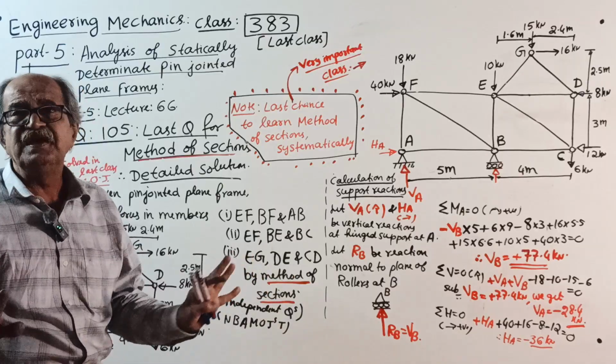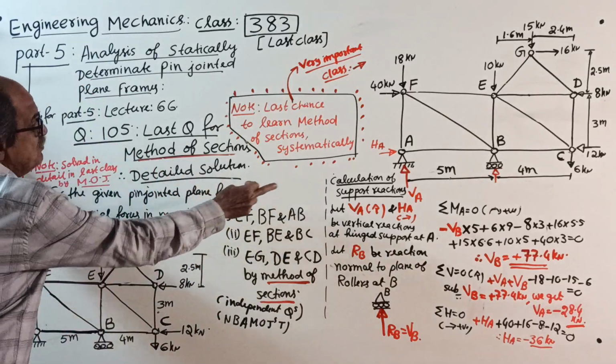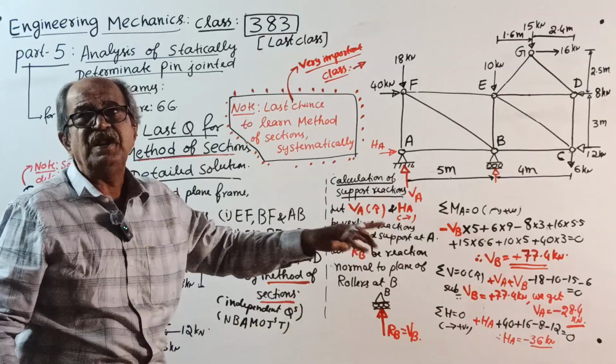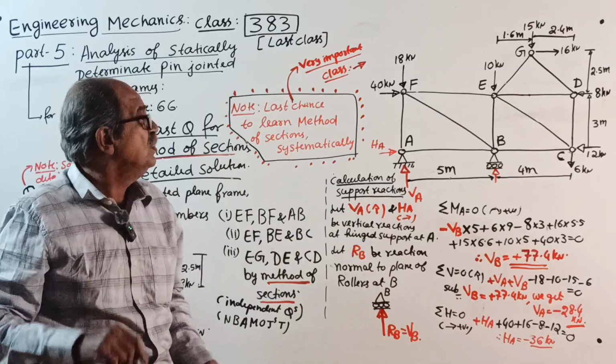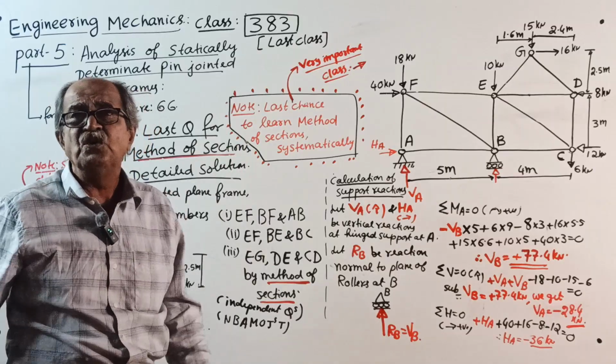So nothing required. Even then, last class, when I solved this frame by method of joints, I explained support reaction thoroughly. Then I told you, when I take the next class, the same question by method of sections, of course, independent.